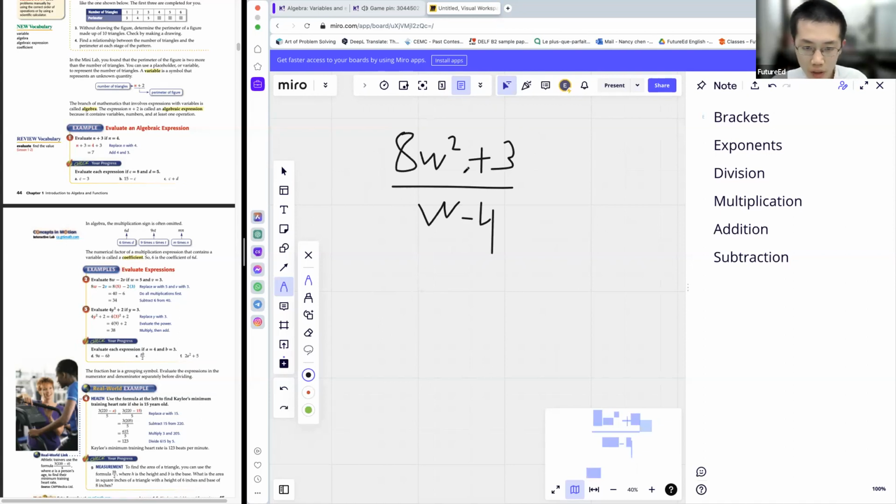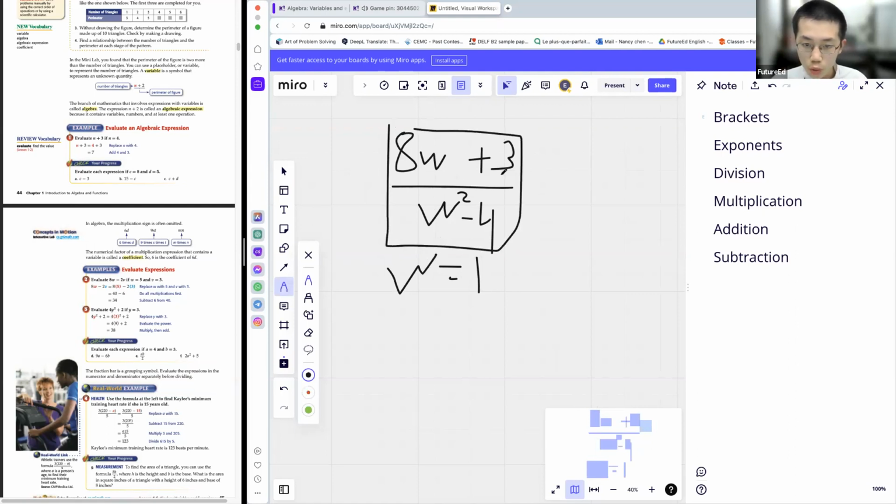Actually, I don't think this is a very good example. Let's say this is w squared, and then I'm going to get rid of this. Okay, yeah, this might be okay. Let's say w is equal to 1. Let's make the example easy. So w is equal to 1. How would we evaluate this? 8w plus 3, all of that divided by w squared minus 4.